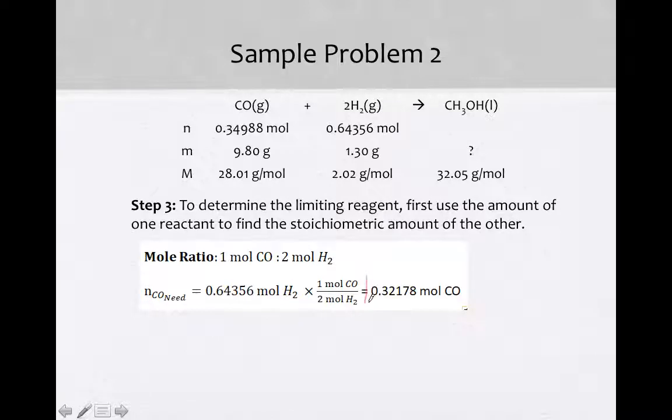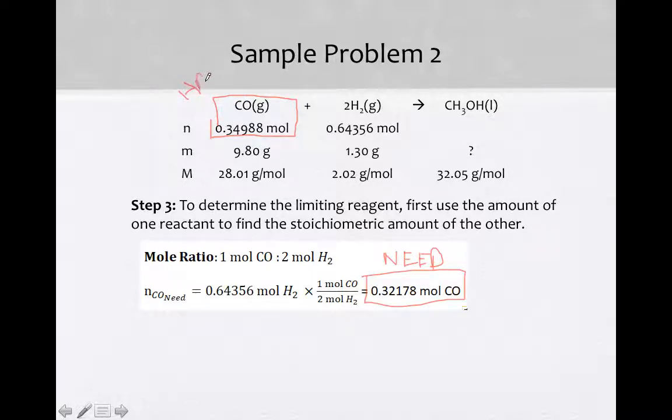Now, this number here is the amount of CO that we need. And what we need to do is compare that with the amount of CO that we actually have in this experiment.